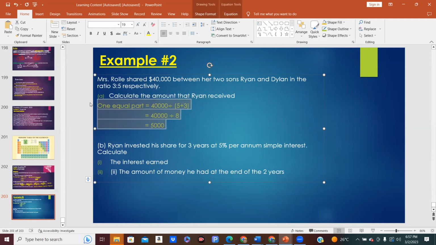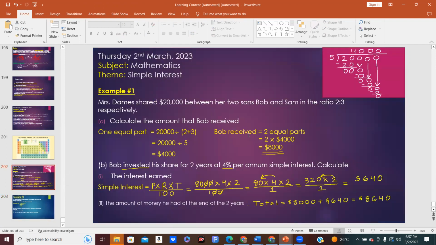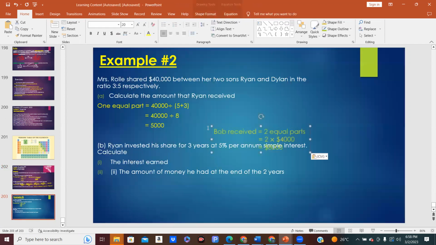We have to times 5,000 by 3, because Ryan's name comes first. So how many equal parts did Ryan receive? He got 3 equal parts. Very good.